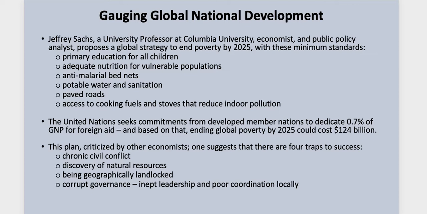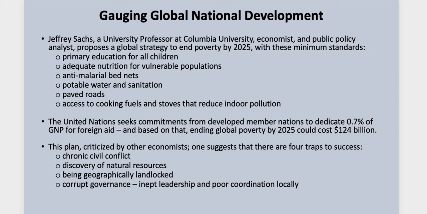Now, these are some things I think that make sense. Some good ways to measure the reduction in poverty are nutrition, education, health, sanitation, basics. The United Nations looks for commitments from the developed world to dedicate 0.7% of their gross national product for foreign aid.